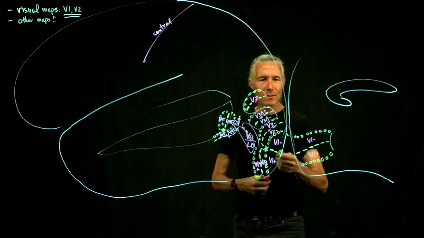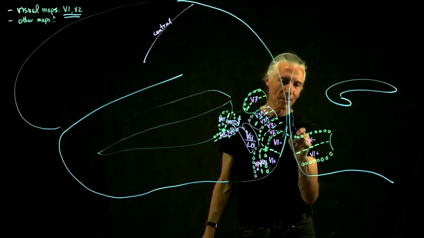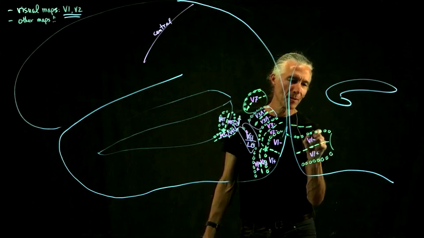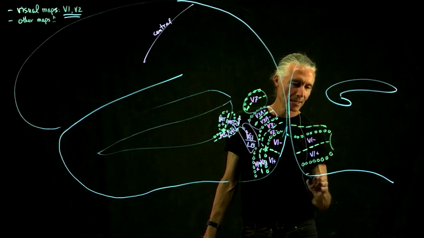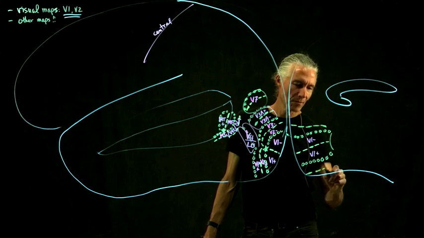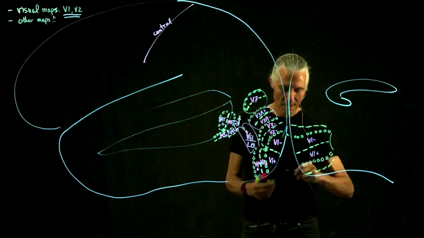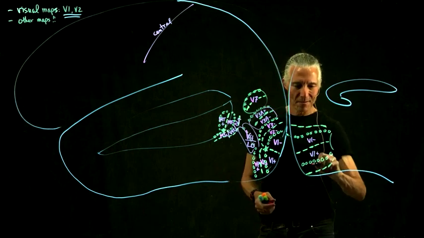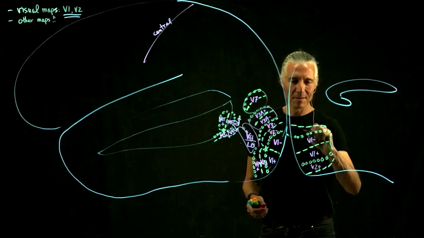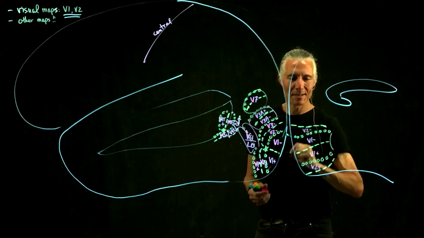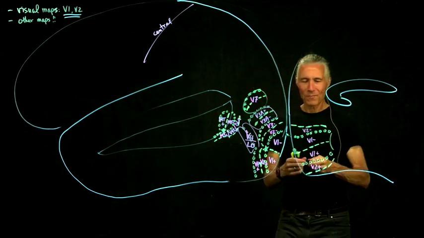And then the rest of V2 is there. So here's the horizontal meridian of V2 coming along like that. And here it is, the rest of the upper part of V2. So this is V2 plus and V2 minus. So where's V6?